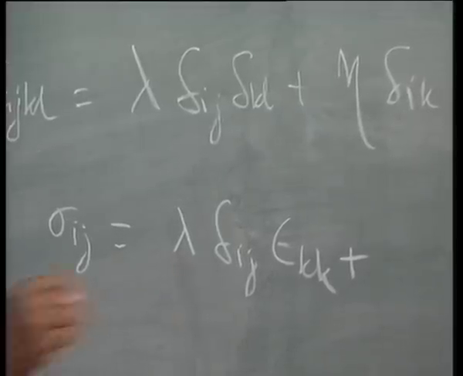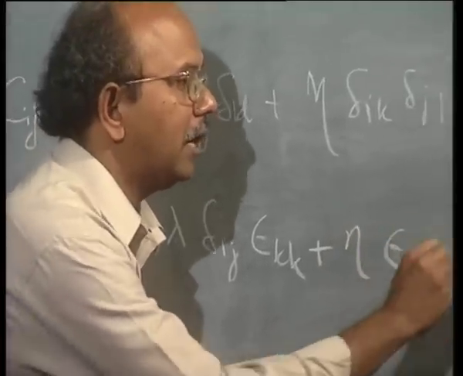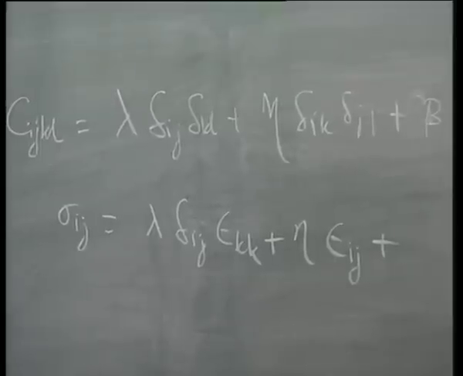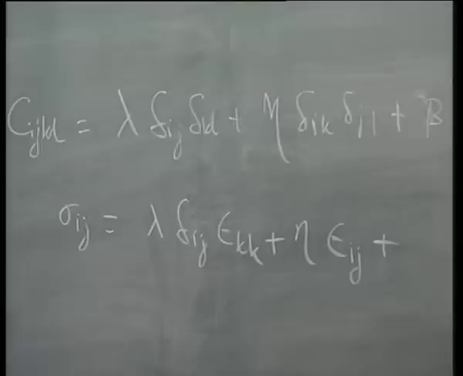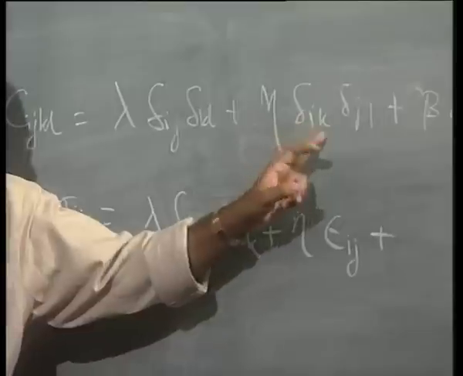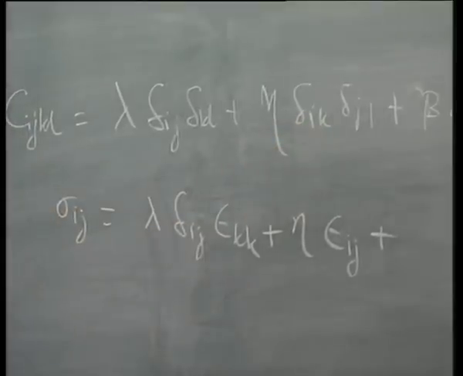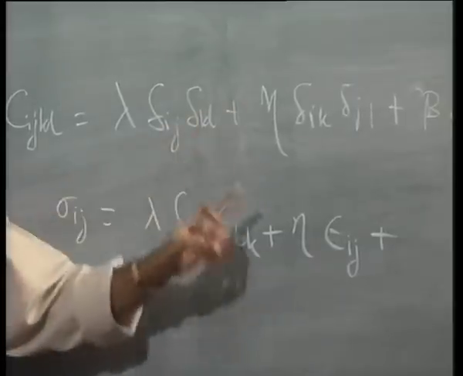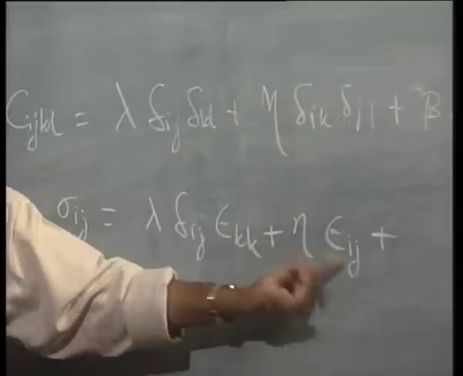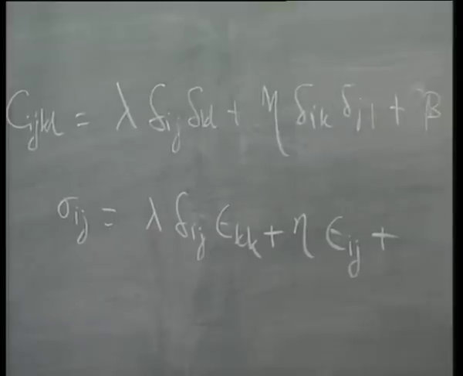Because of delta_ik, i and k will become the same, and j and l will become the same. So this becomes eta into epsilon_ij. Is that clear?